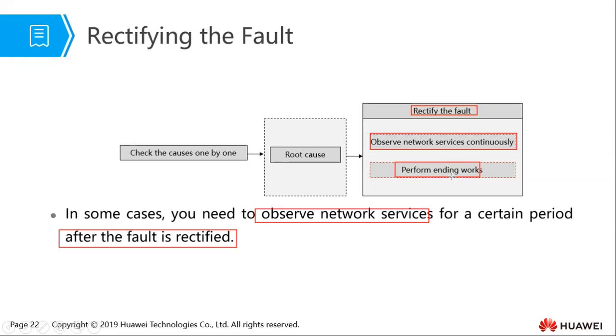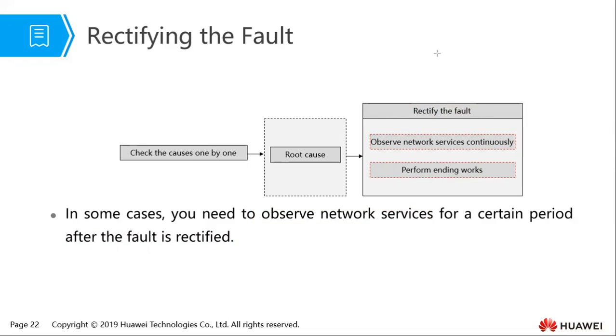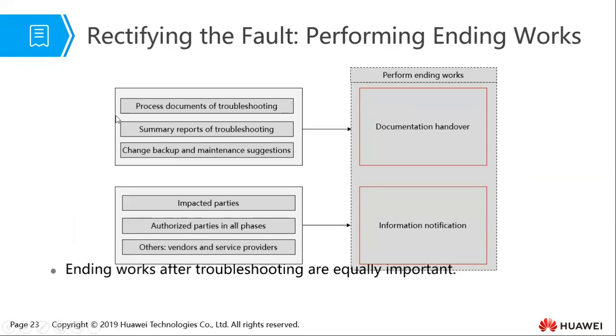You need to perform the ending works in terms of any documentation about the problem and also any recommendations for future maintenance and upgrade. So this is what we're talking about when you're talking of performing ending works.